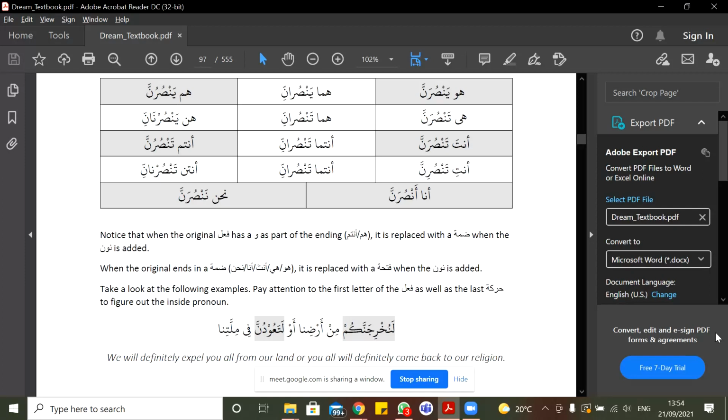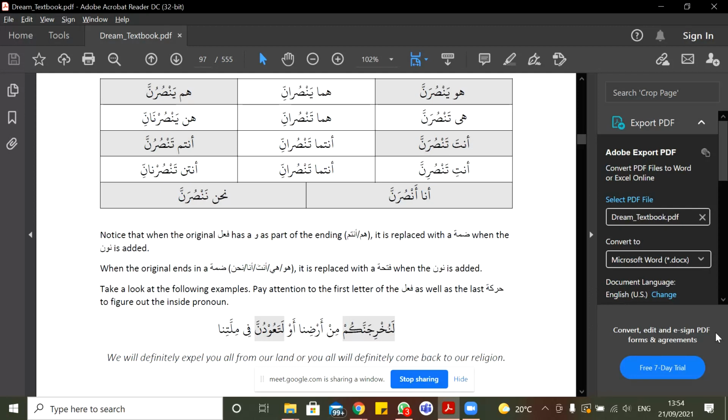Okay. So la nukhrijannakum. Here nukhriju is the fi'l, and the fa'il, the inside doer, is nahnu, we.